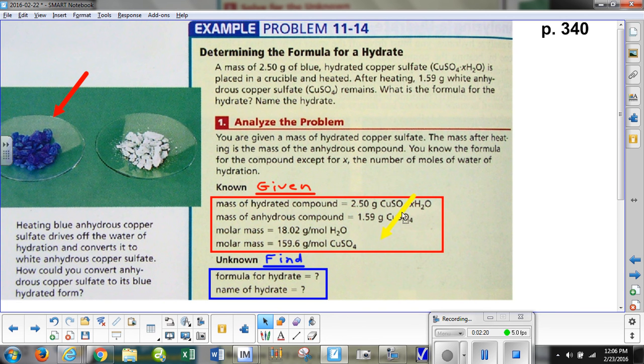So next thing off is to get the molar mass of the water, that's what we're driving off with the heat, and then the molar mass of the copper sulfate. And so once we have those two things, we can start doing the calculations needed to get the formula of the hydrate itself, and then finally name it.